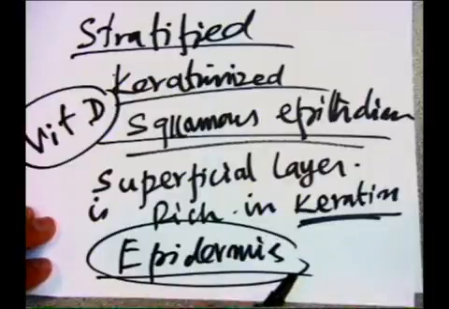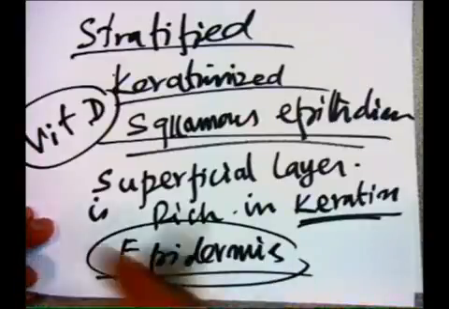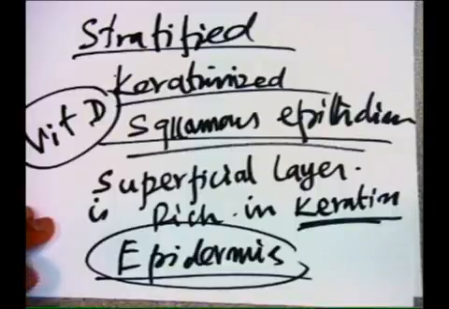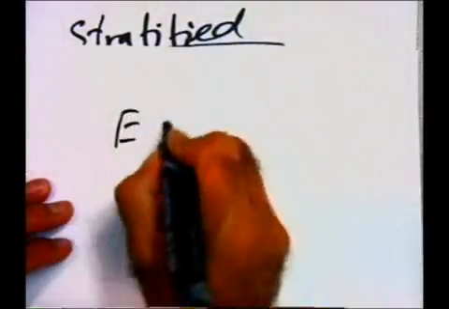And it prevents dehydration when it secretes and keeps the cells or skin moist. The embryonic origin of these cells is the ectoderm.